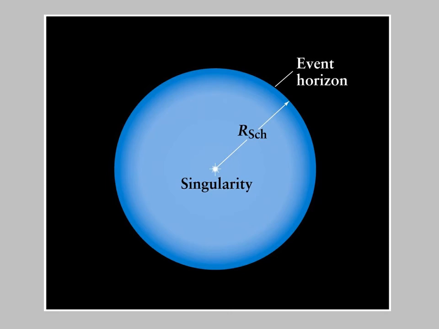In fact, it's almost as if time and space go backwards, or not backwards, but reversed. So outside the event horizon, if you exert a force on something, you can move it from place to place, but you have no option about time. You're always going into the future. 10 seconds from now, you'll be 10 seconds in the future. A year from now, you'll be a year into the future. Inside the event horizon, it doesn't work that way. You can exert a force on it and push it into the future or the past.